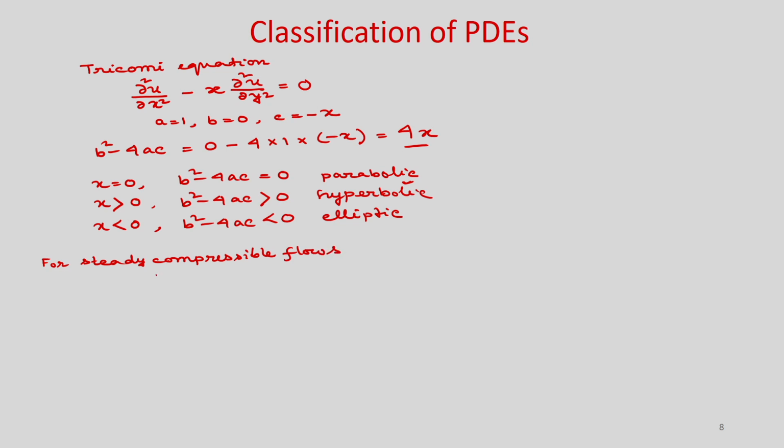Okay, so, you can write (1 minus M∞²) ∂²φ/∂x² plus ∂²φ/∂y² is equal to 0. Okay. M∞ is Mach number.